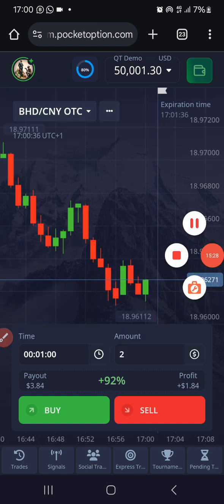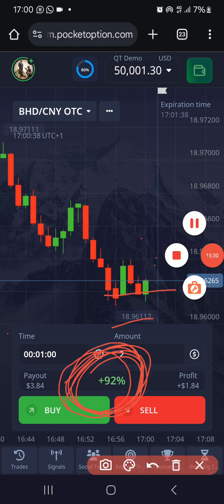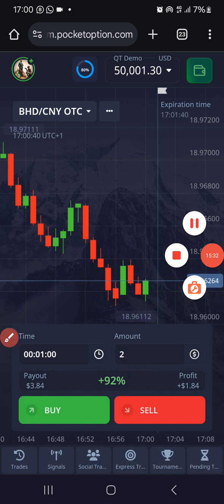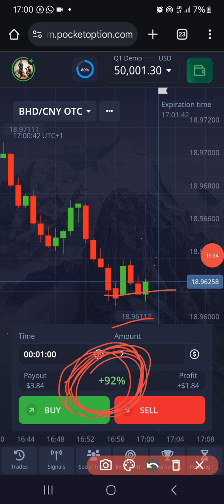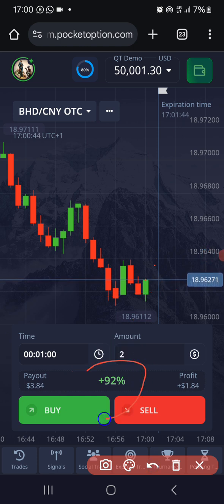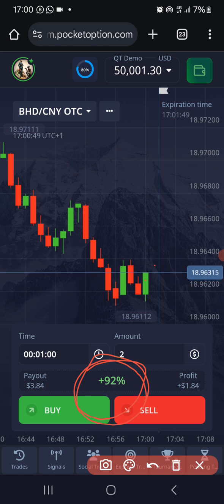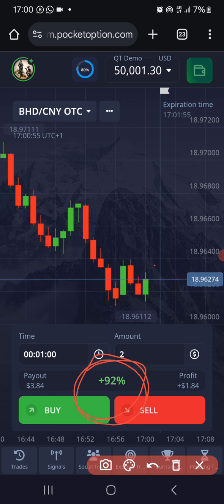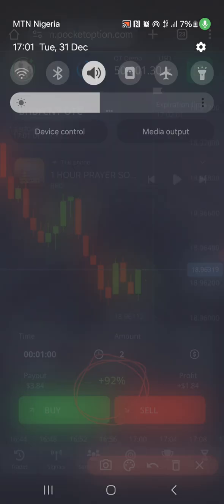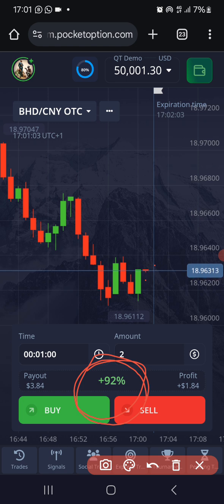So if you are trading with $1 on this particular account, you'll be getting 92 cents, which is close to $1, which is very, very good, because with just 2 or 3 trades, you're already winning with your $1.